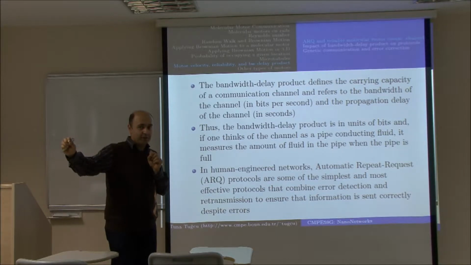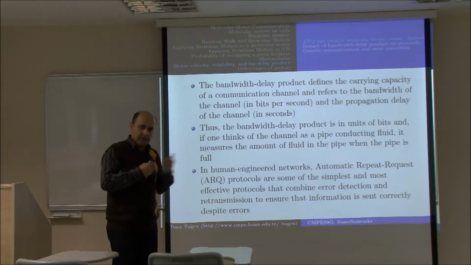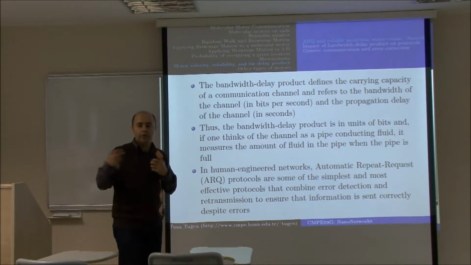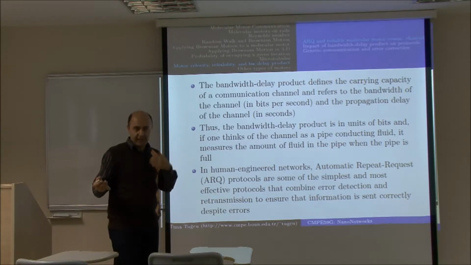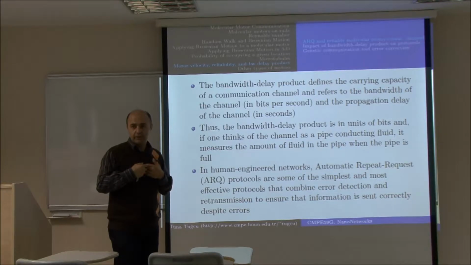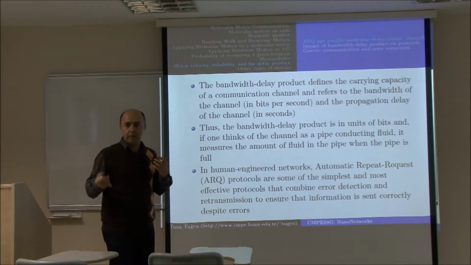That's also possible. You don't have to fill the pipe. But in that case, your utilization is very low. We would like to utilize the channel as much as we can. But if you do that, then when you think about data communications, you should have a way of storing all that information at the sender side, because you may need to retransmit. That means huge amounts of buffering.